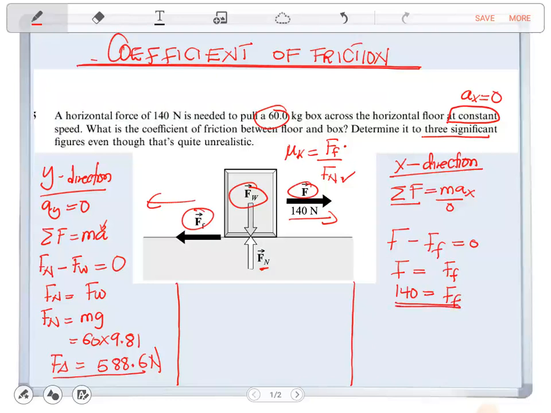We can now use this formula and say the coefficient of friction is equal to the friction force, 140 newtons, over the normal force, 588.6 newtons. So we divide those. 140 divided by 588.6 is giving me 0.2378. Remember they said 3 significant figures.